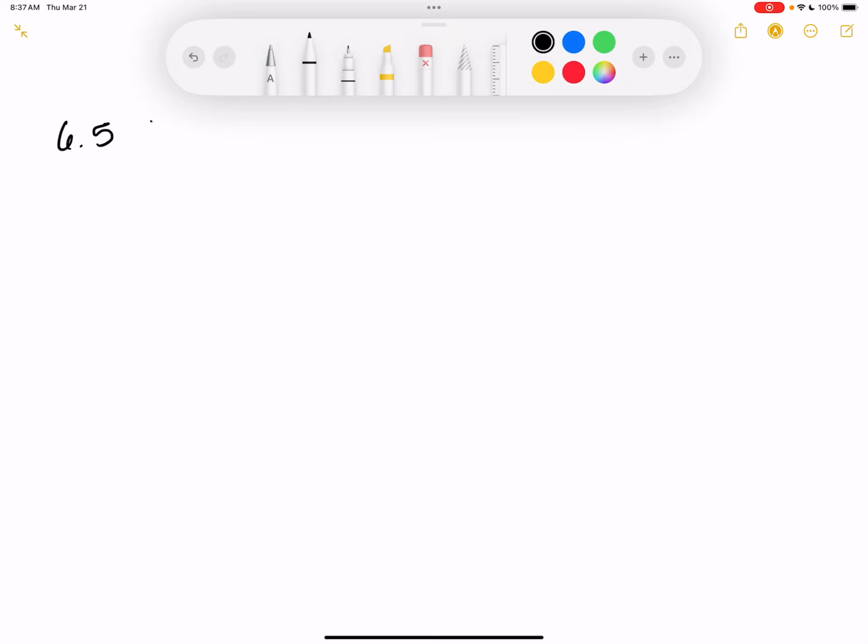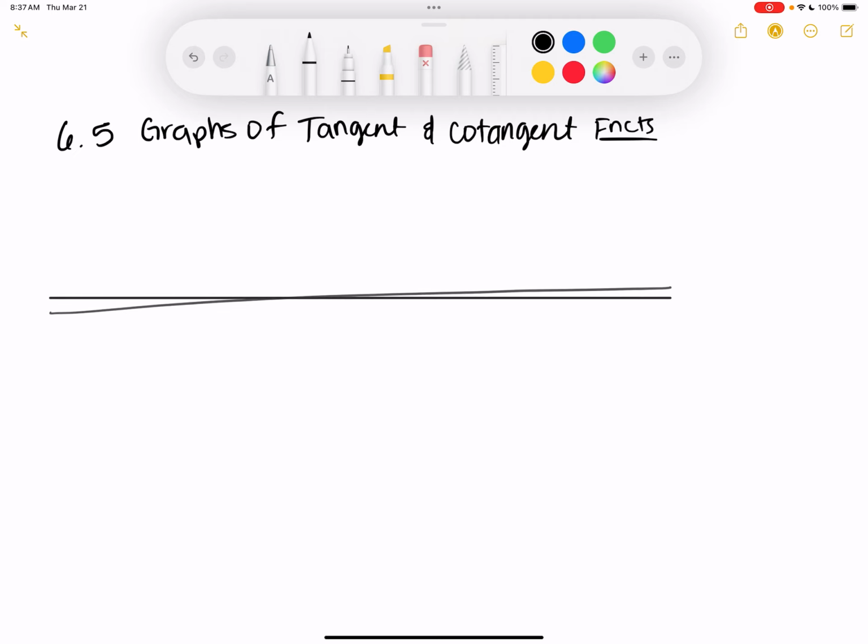All right, so 6.5 is graphs of tangent and cotangent functions. So I'm going to set up a parent function graph for this one.